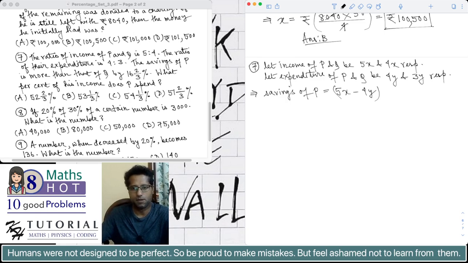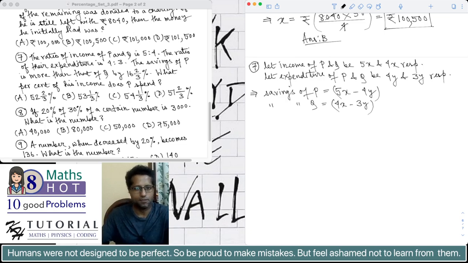Similarly, savings of Q will be equal to 4x minus 3y. Now it is given that the savings of P is more than that of Q by 16 and 2 by 3 percentage.